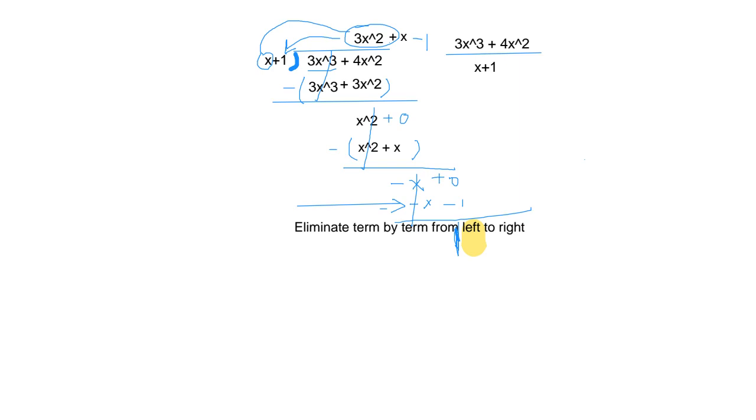Remainder is 1 degree lower than the divisor. Anyone has any question?